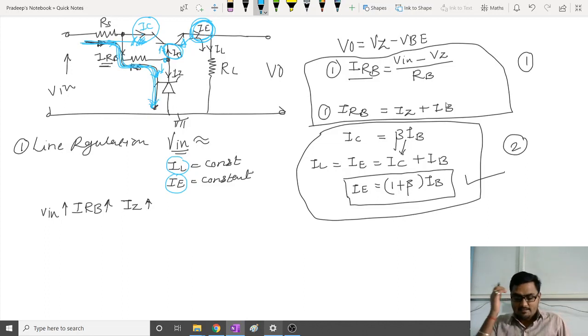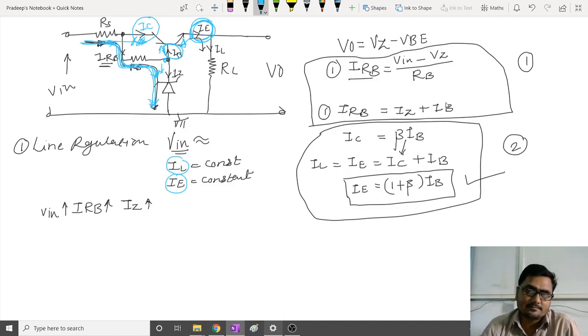Look at this. Whatever extra current I have inserted into the circuit, all of it goes through the zener only. Not a small current through IB, that is from the transistor. So all that extra current goes through the Zener diode. And who is pushing that current through the Zener diode?